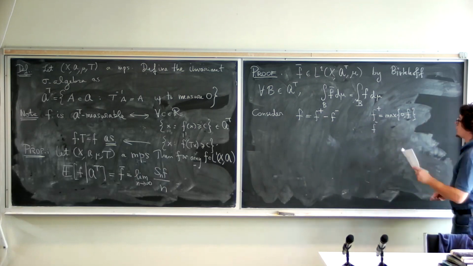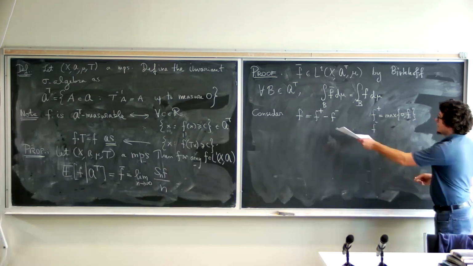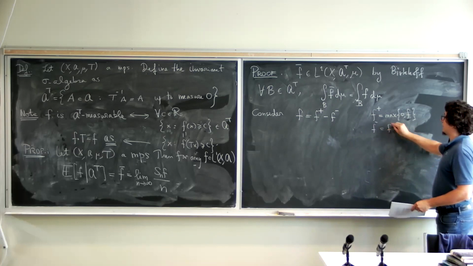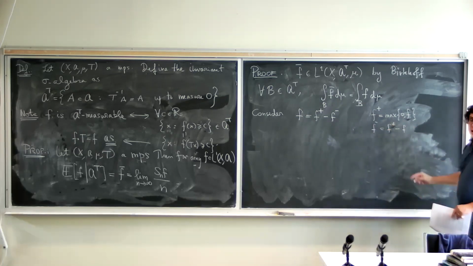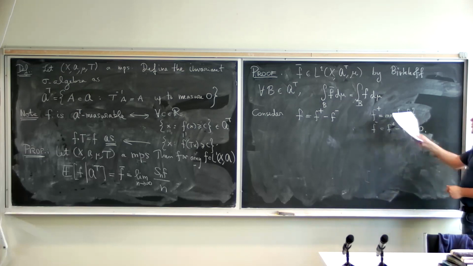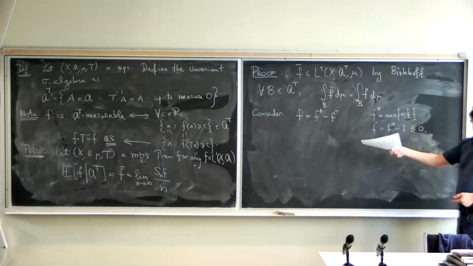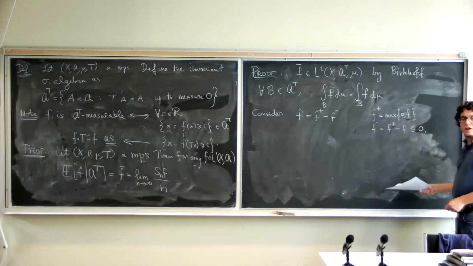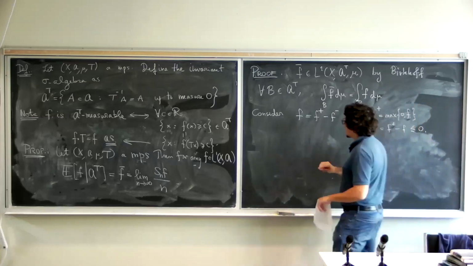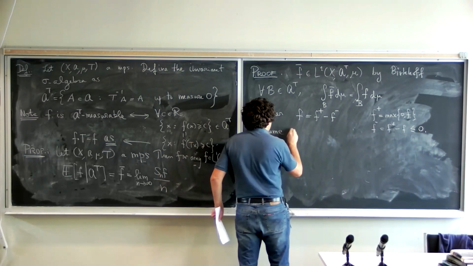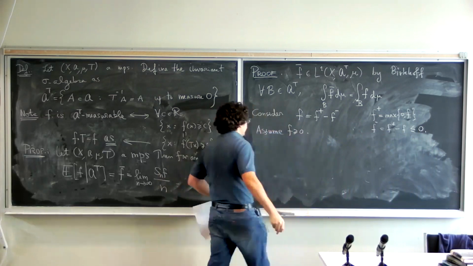We can define it by difference: f minus would be f plus minus f, and this is always non-negative. So by doing this decomposition, we can assume that f is positive. We do it first for f plus, and then we do it with f minus. Okay, so assume f is positive.